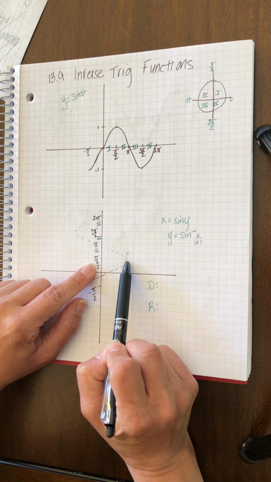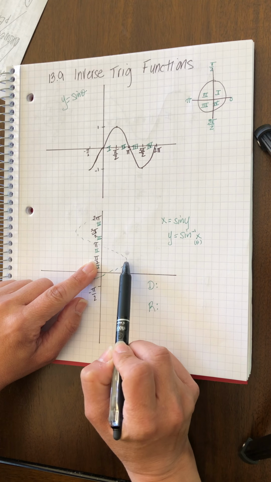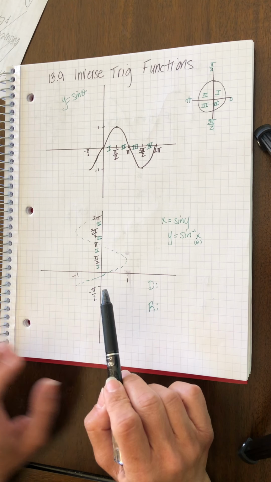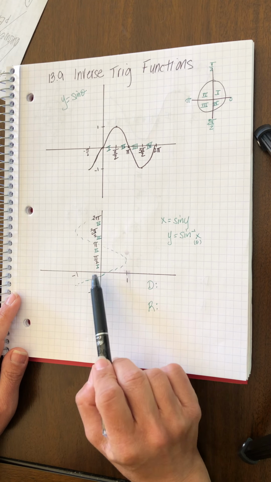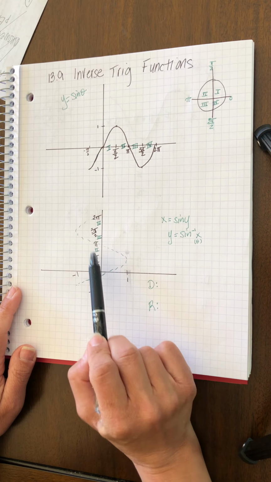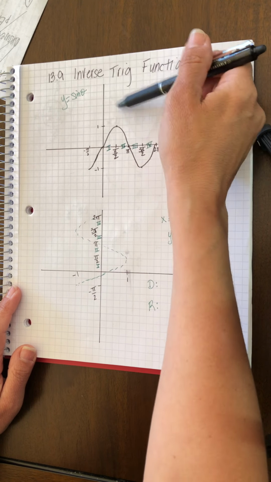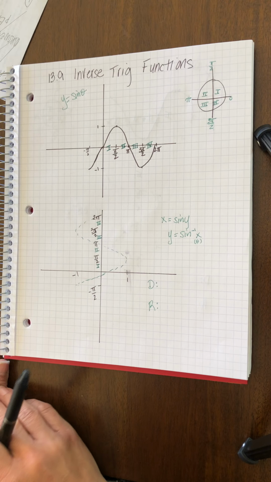Take a look at how I got the positive values from 0 to pi over 2, from pi over 2 to pi, and how I transposed it from the original to the inverse.